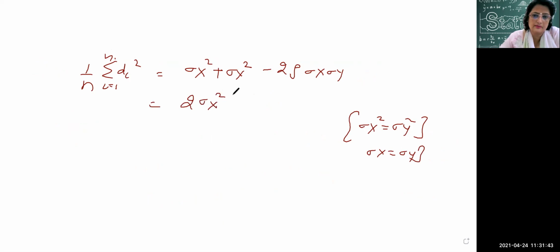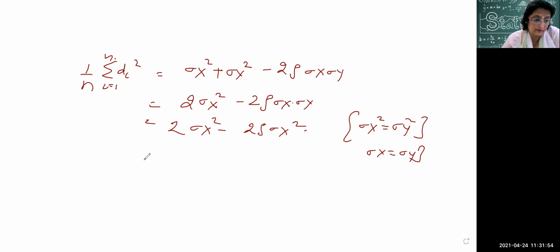This becomes 2 times sigma x square minus 2 rho sigma x into sigma x. So this is 2 sigma x square minus 2 rho sigma x square, right? So it implies 2 comes out common. 2 into sigma x square is common, under the bracket 1 minus rho, right?